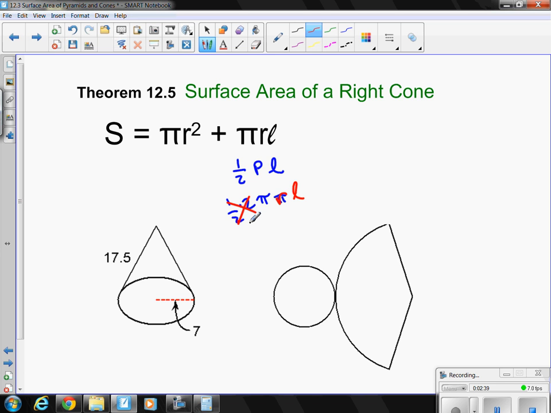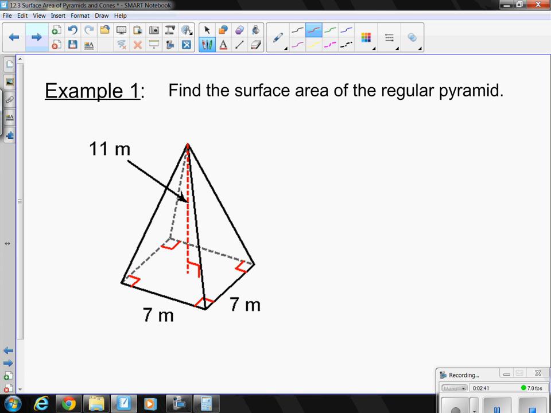Okay. So let's do a couple examples. Find the surface area of the regular pyramid below. Now, as you do this, notice I need to know the area of my base, which is going to be 7 times 7, or 7 squared. I need to know my perimeter, which would be 7 times 4.